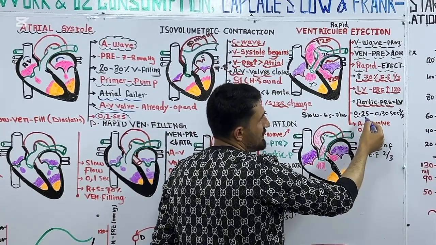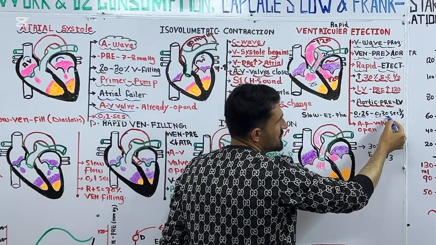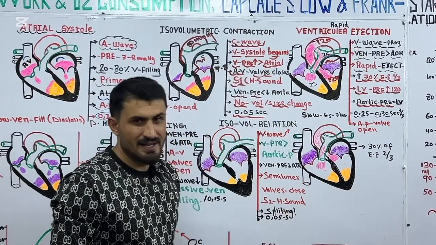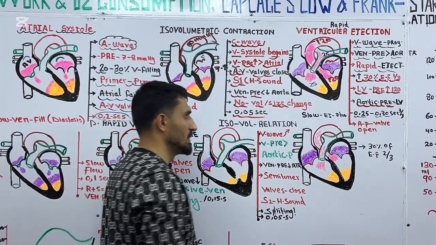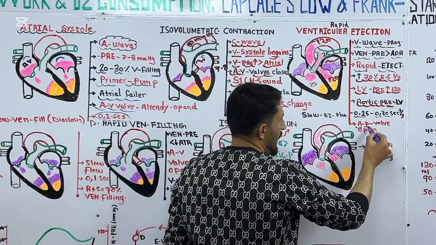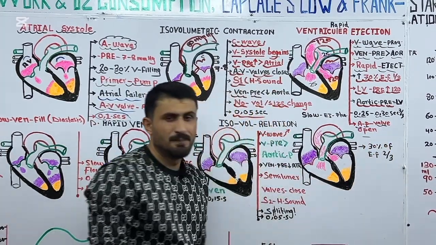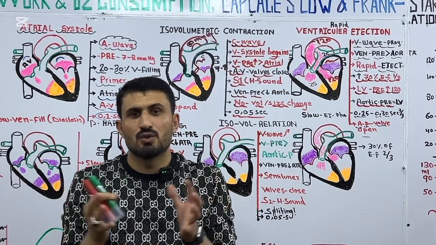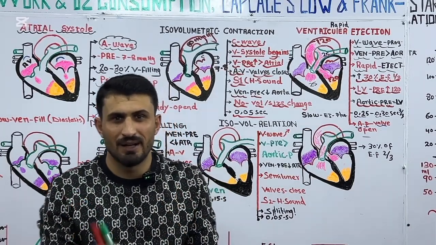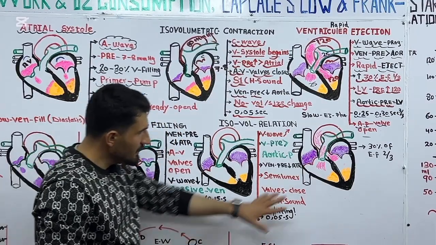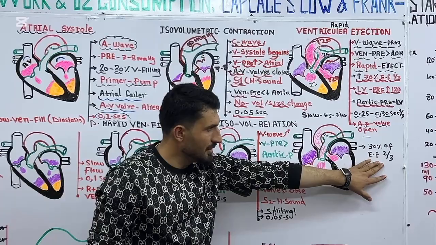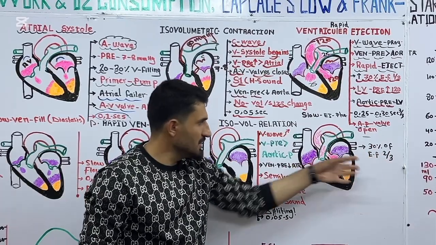It takes around 0.25 up to 0.30 seconds, plus the two other phases of ejection also. So here our aortic and pulmonary valves open, and opening of the valves does not produce sound. Got it? Now this is the slow ejection phase. Only 30% of the ejection fraction will be ejected in this phase.